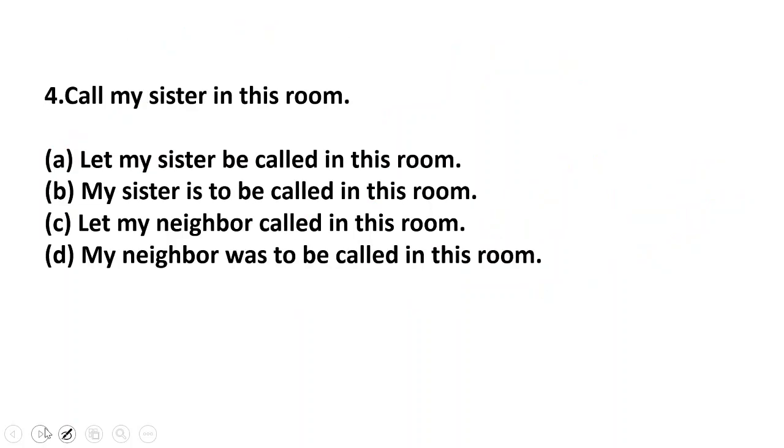Next one. Call my sister in this room. Now this is an active voice. Call my sister in this room. Call, this is some kind of order. That is, it is an imperative sentence. Now, learners, please remember here, imperative sentence.